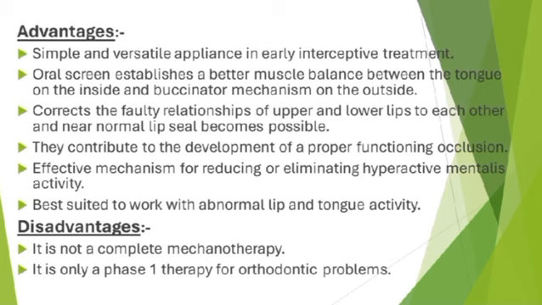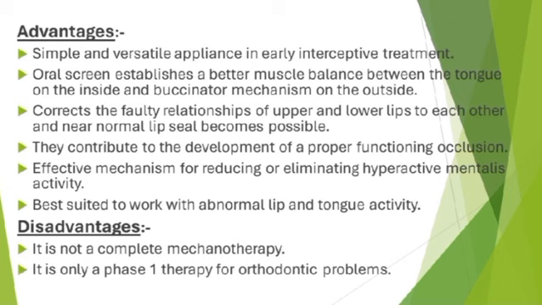They contribute to the development of a proper functioning occlusion. Effective mechanism for reducing or eliminating hyperactive mentalis activity. Best suited to work with abnormal lip and tongue activity. Disadvantages of oral screen: it is not a complete mechanotherapy. It is only a phase 1 therapy for orthodontic problems.